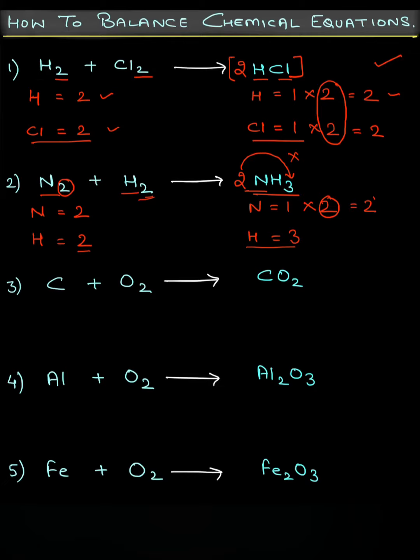So there are 2 nitrogen and 6 hydrogen. In order to balance both sides, 3 must be multiplied with 2, whereas the 2 will be multiplied by 3 in order to have 6 total atoms. So we have to write coefficient 3 on the left side.